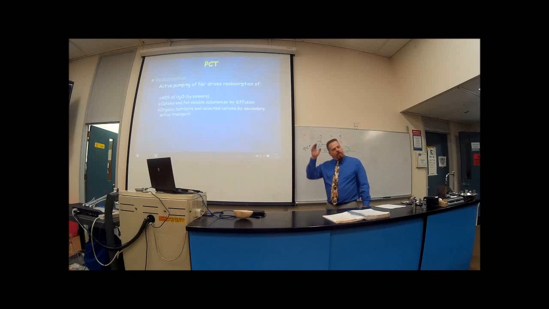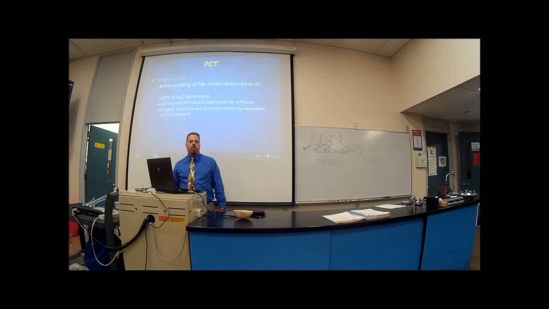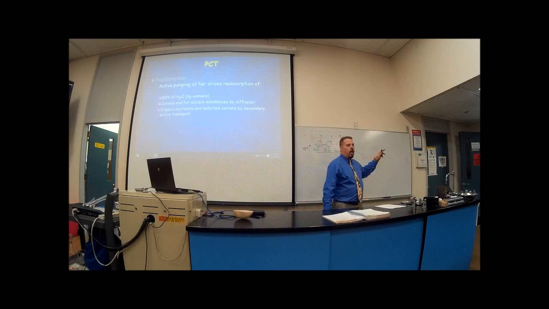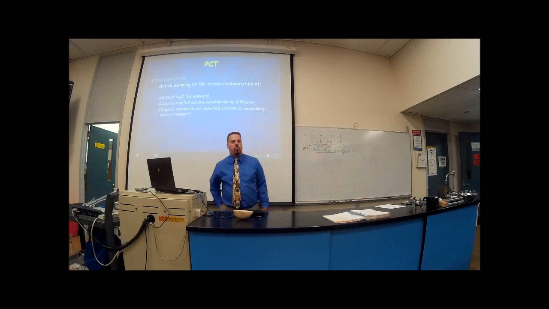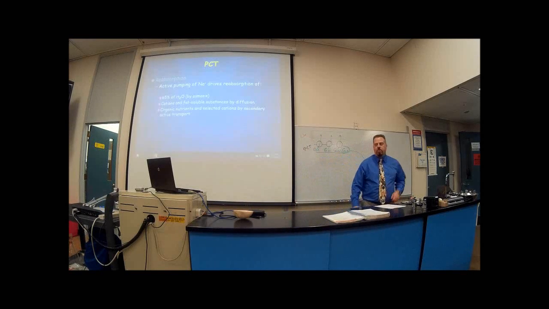Now, 65% of all your reabsorption is going to take place in the proximal convoluted tubule. All of it. Except for glucose and amino acids. That's not 65%. In a healthy person, 100% of glucose and 100% of amino acids gets reabsorbed at the PCT. Okay? Cations, in fact, soluble substances are done through diffusion at the PCT.